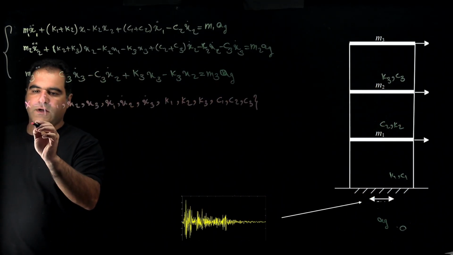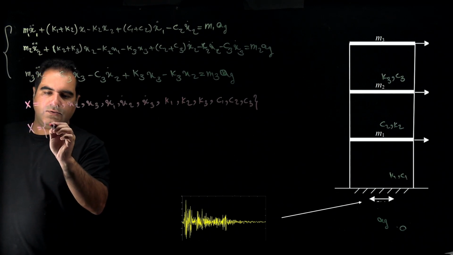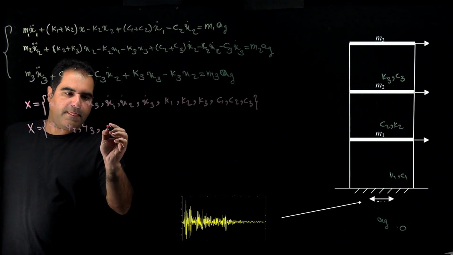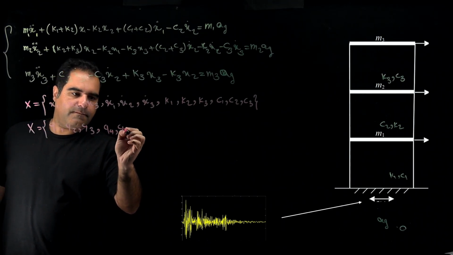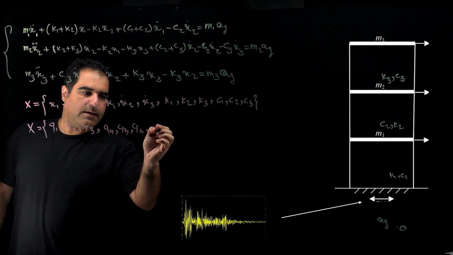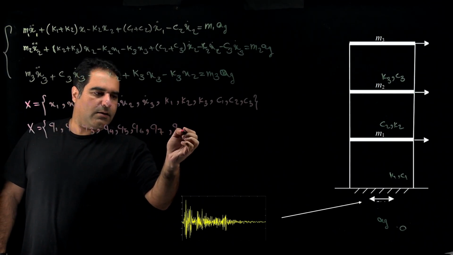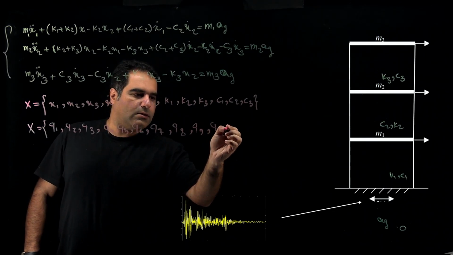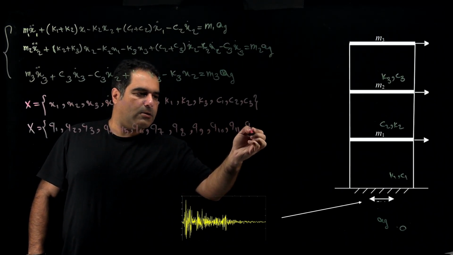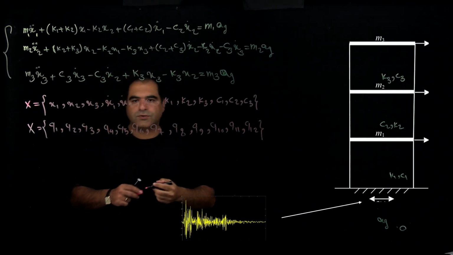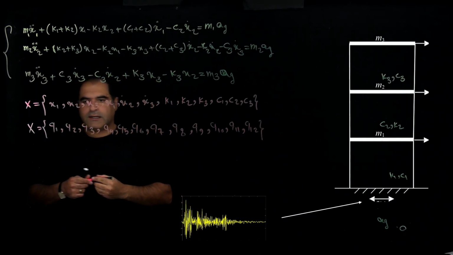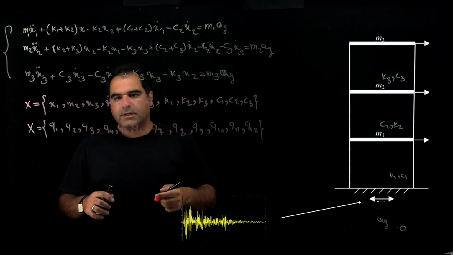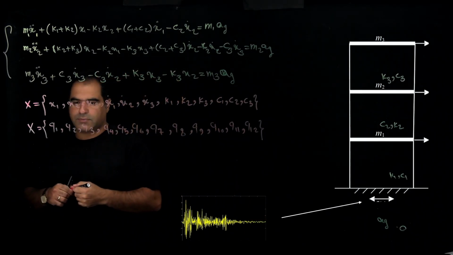Then I define them as Q1, Q2, up to Q12. We have 12 states to be estimated or identified, and this is a joint state-parameter system identification problem.